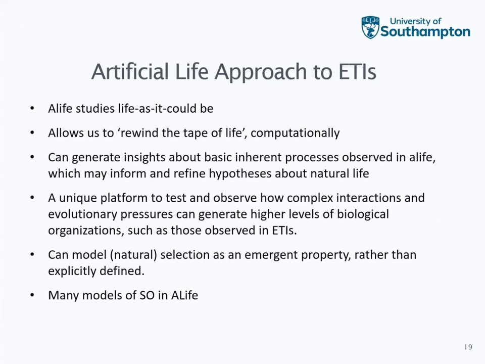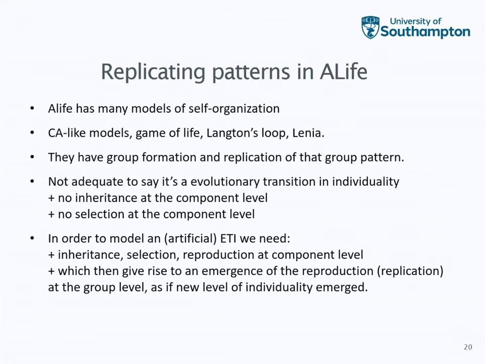There have been many models of self-organization in ALife, like cellular automata-like models, Conway's Game of Life, Langton's Loop, or even the most recent one, Lenia. In all those models, we have the formation of patterns and the replicating process of patterns over time.